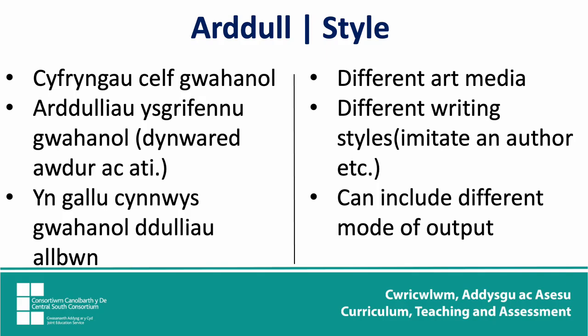We can include ways that children can complete a task in a different fashion and produce something different to their peers. And it's up to you whether you give them a short list of options, or whether you give them complete free rein. That's going to depend on the age, stage, and kind of children that you're working with.